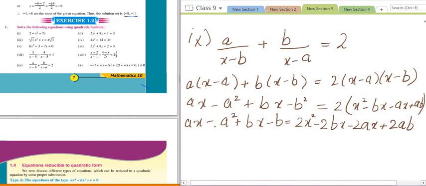Now just shift some terms to the right. This becomes 2x square. Okay, there is only one term of x square. Now compare the x values, x variable values. There is minus, not plus. Okay, this is for x.